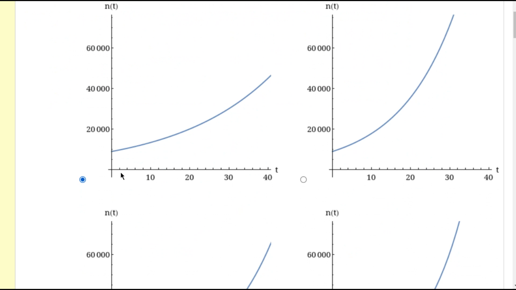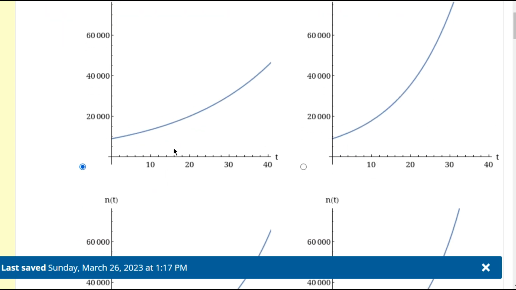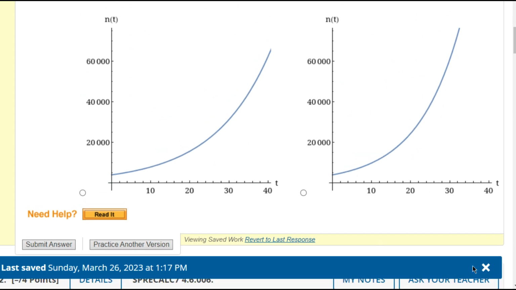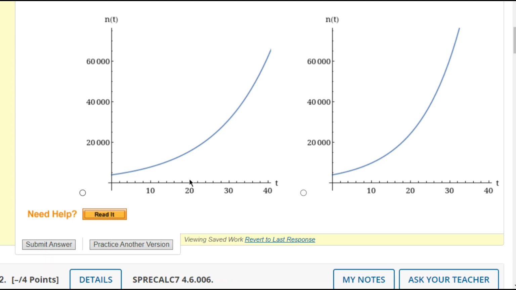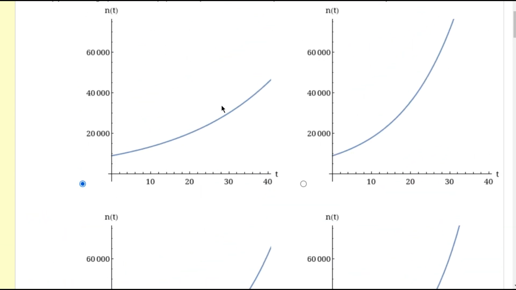And then they want a graph of the situation. So I guess I'll look at where the curve started at time 0. And it can't be either of these first two up here because they start way too high.